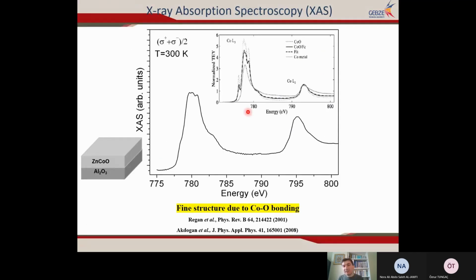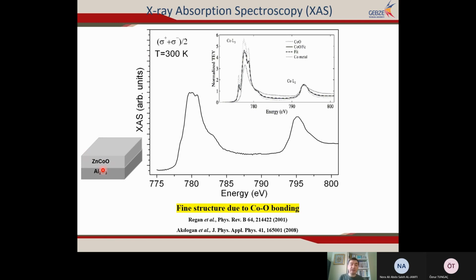Okay, this is the data from the literature, and this is our experiment. So I would like to investigate the cobalt element within this zinc cobalt oxide, whether pure metallic cobalt clusters are present within the material, or cobalt sits on the zinc oxide lattice and makes bonding with oxygen, and we have cobalt oxide within the sample.